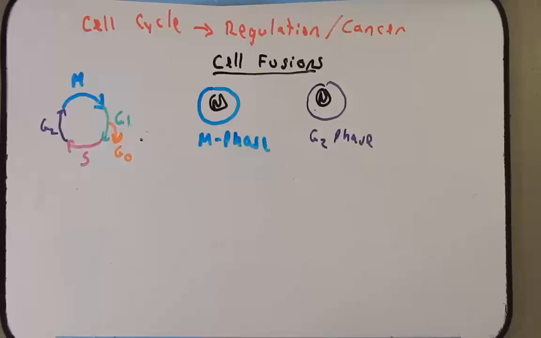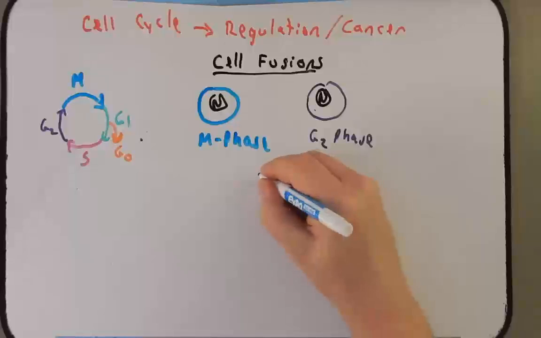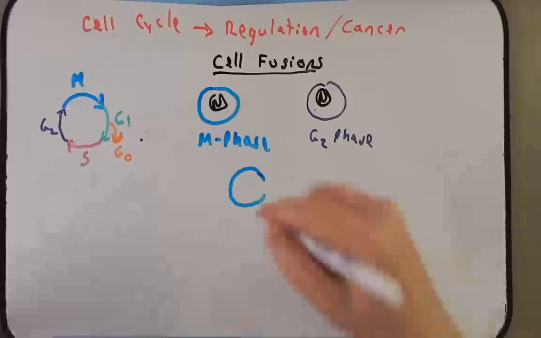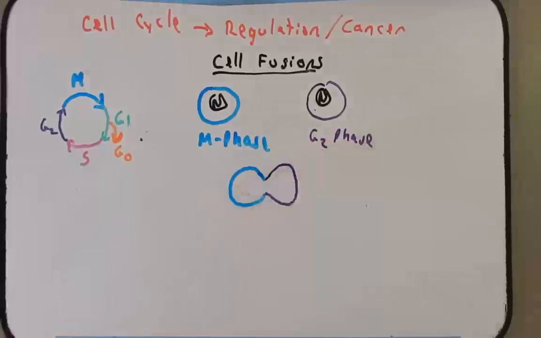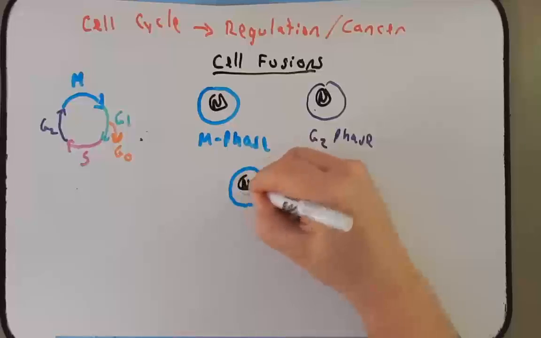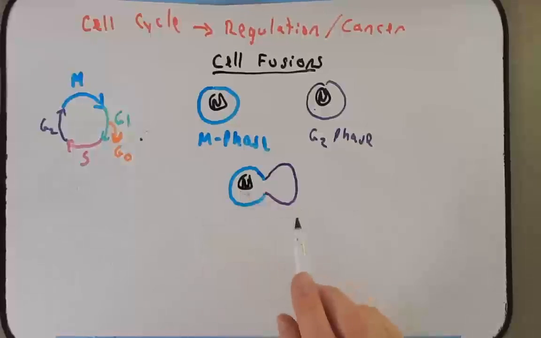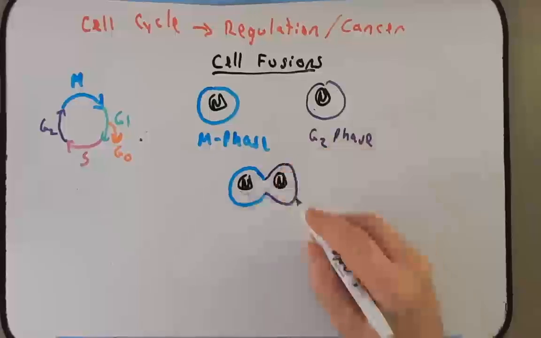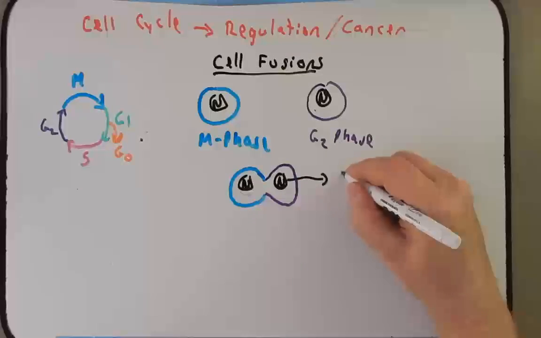And when they fused these together, what they observed was the following. The nucleus in the M phase cell remained unchanged, but the nucleus that was in the G2 phase cell quickly entered M phase.